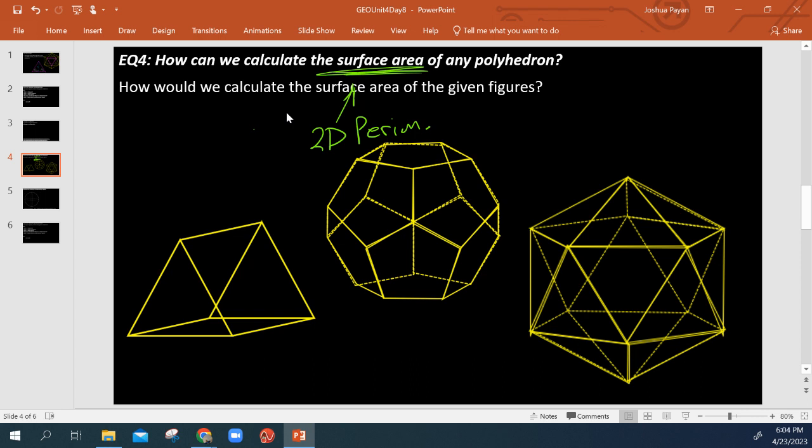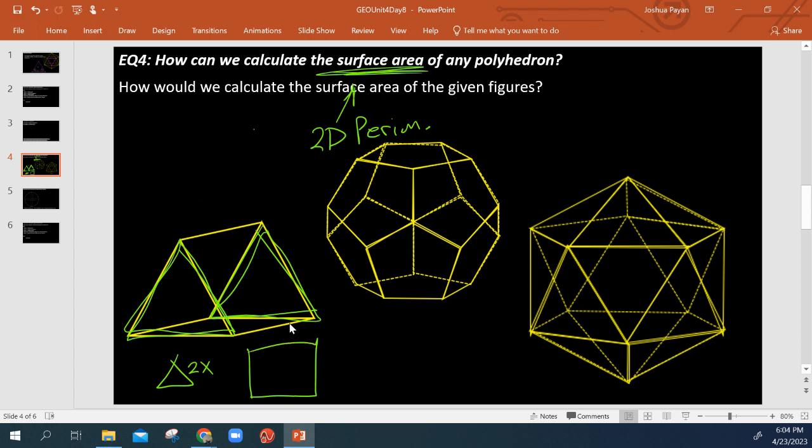a given polyhedron, right? So here we have a triangular prism. Because it's a triangular prism, if we do the 2D composite, we have two of these triangles. So we would add that to, if we look around the lateral surfaces, our rectangles.